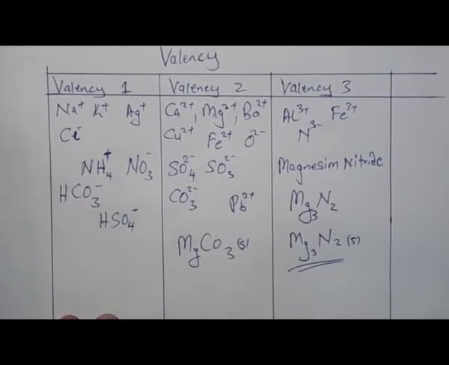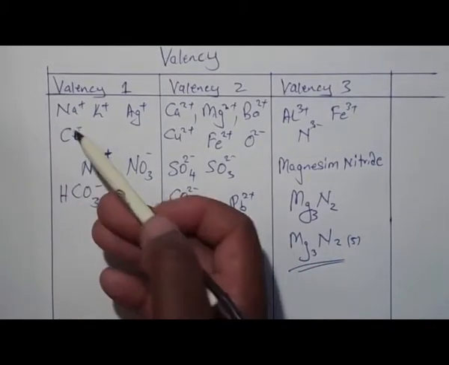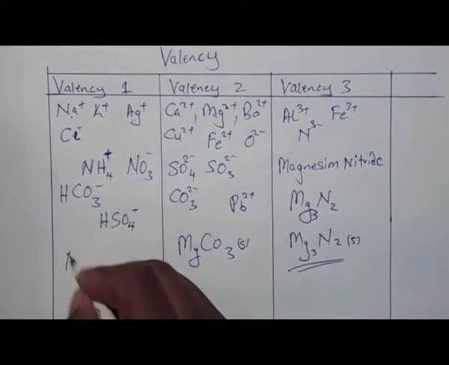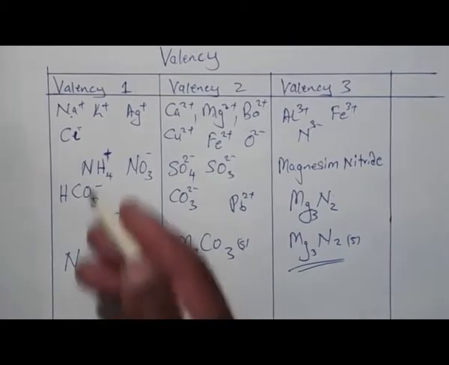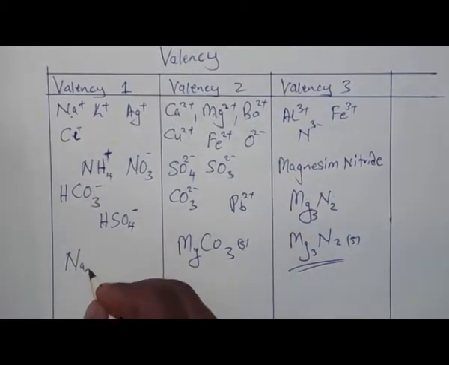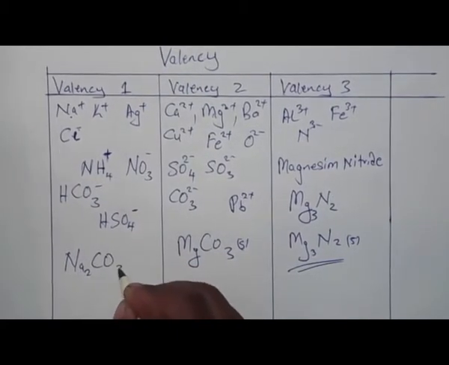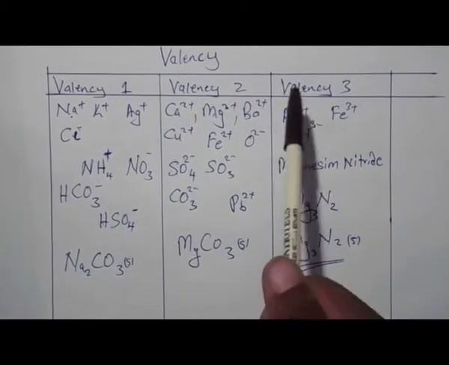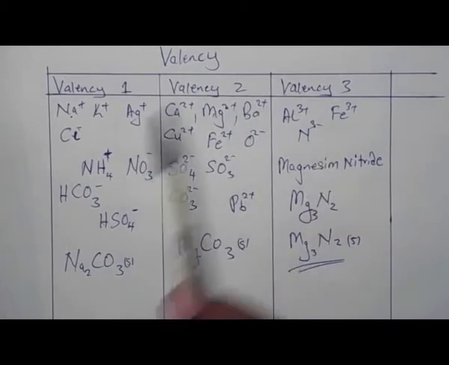Here we can look at probably sodium carbonate. Sodium carbonate, sodium is 1, carbonate 2, so 2 there, and carbonate. So that is how to write some formulas using that knowledge of valence.